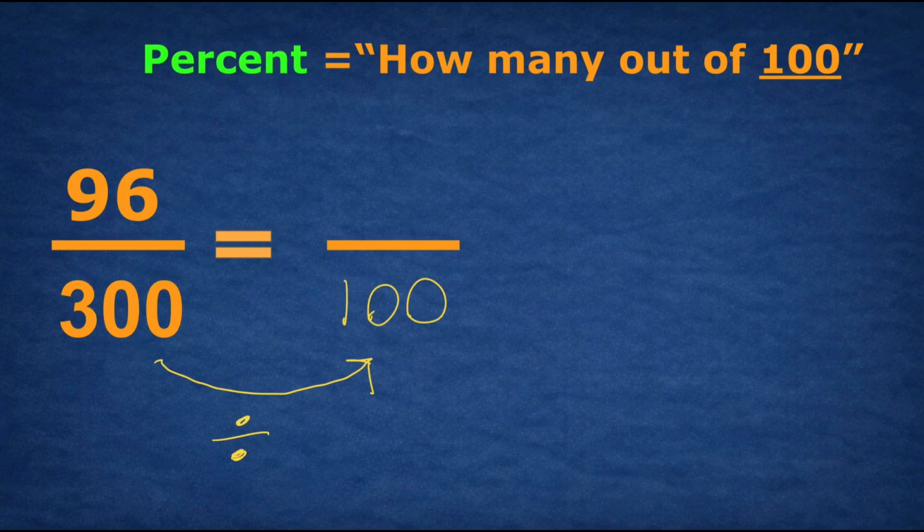So if I do 300 divided by 3, that'll get me 100. And I need to do the same thing to the top. I'm going to divide by the same exact number. And 96 divided by 3 is going to get me 32. So I know that 96 over 300 is 32%.